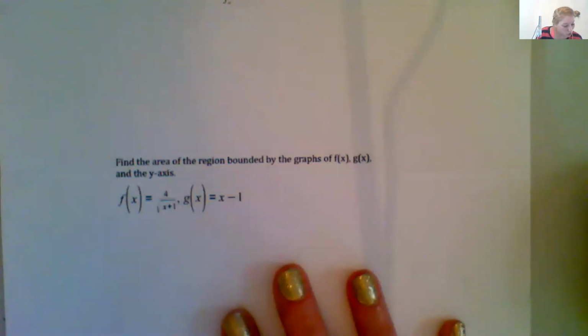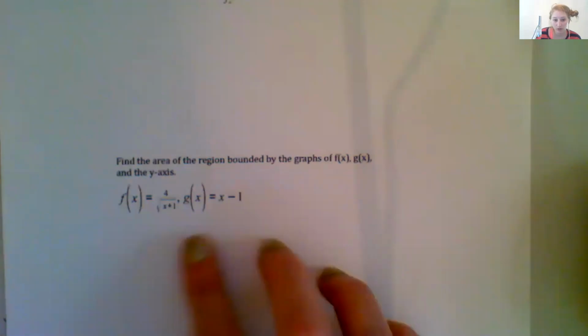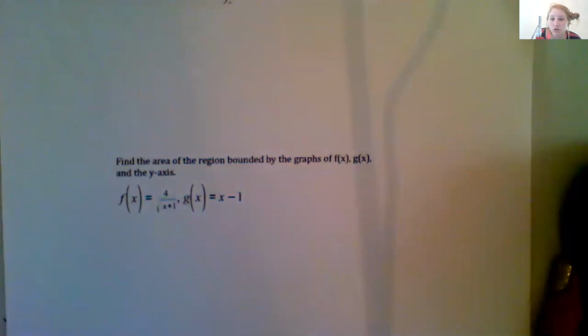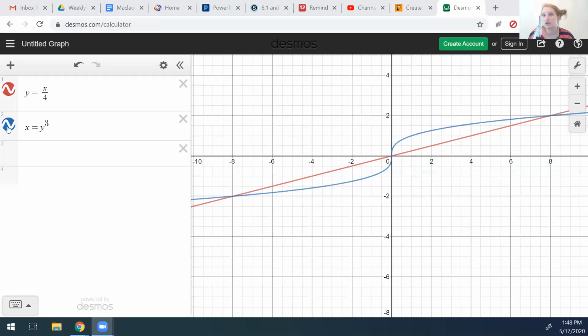Okay, so what we're going to do first is plug these two functions into Desmos. So I'm going to switch the screen that I'm sharing. Okay, here we go. Hopefully you guys can see that.